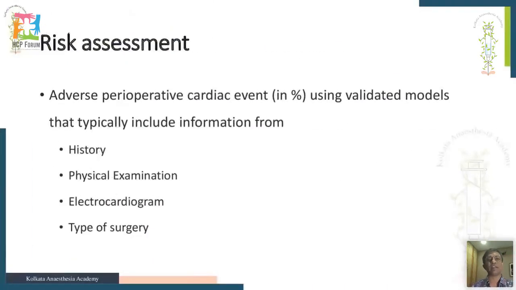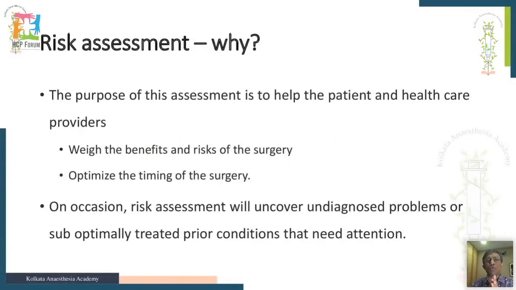So the adverse perioperative risk is given to you in percentages, some numbers, some objectivity, and you're getting it from the history, physical examination, some investigations, and the type of surgery. It helps you to convince yourself, convince the surgeon, the cardiologist, and the patient's relatives in decision making. Should we proceed with surgery, or should we not proceed without correcting the problem, or should we give them some alternative?